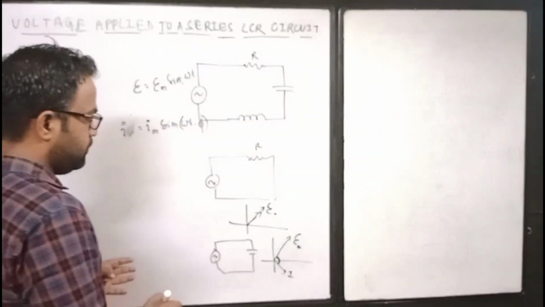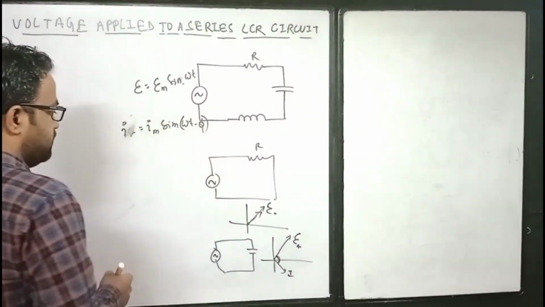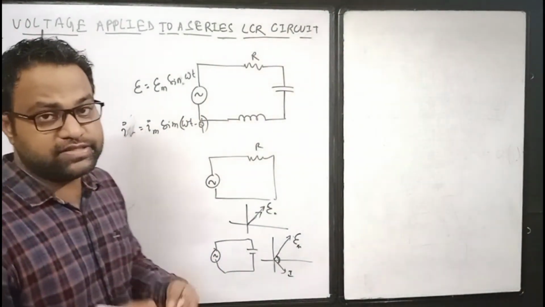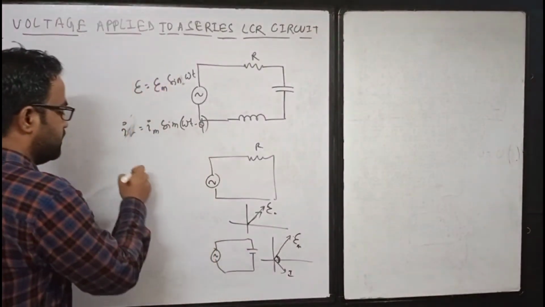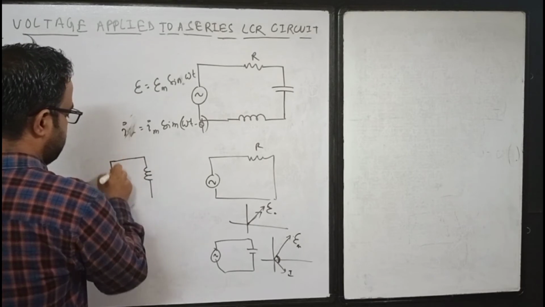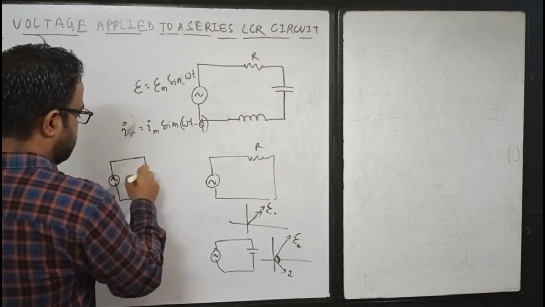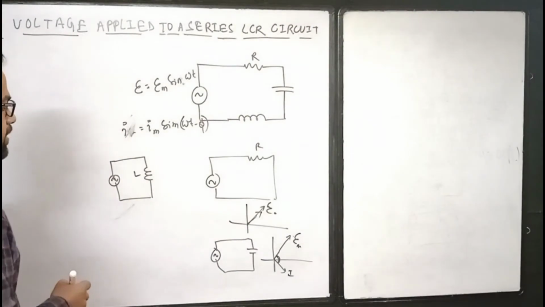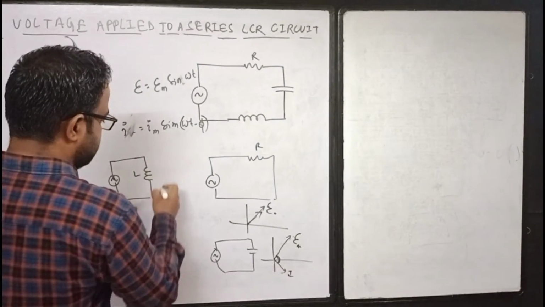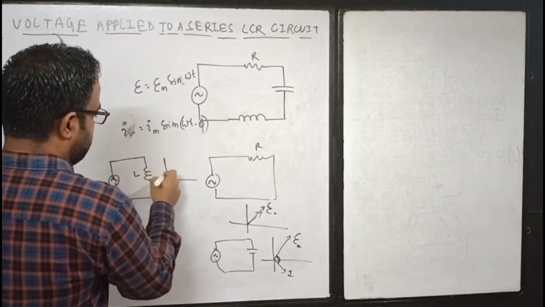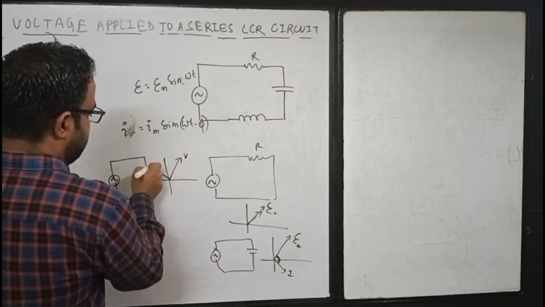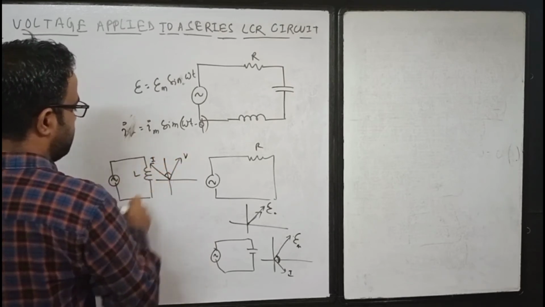And in case of an inductor only circuit, when AC is applied to an inductor only, the relationship between your voltage and current will be: if this is your voltage, the current will be 90 degrees ahead, so this will be your current.